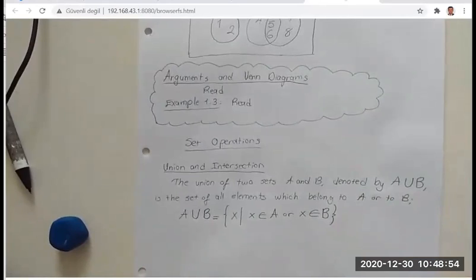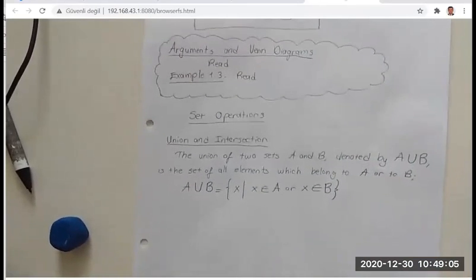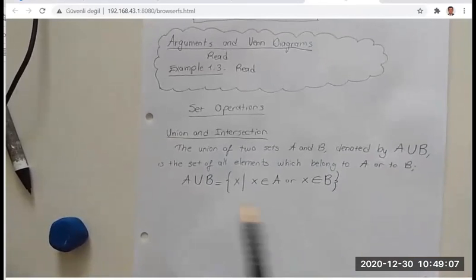Union and intersection are also like the or and and operators. When you look at the difference, you see this is the union, like the or operator.